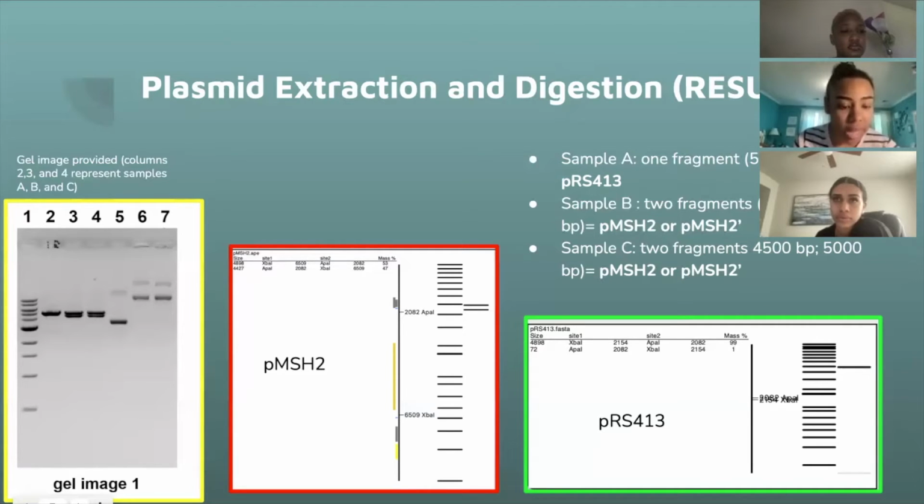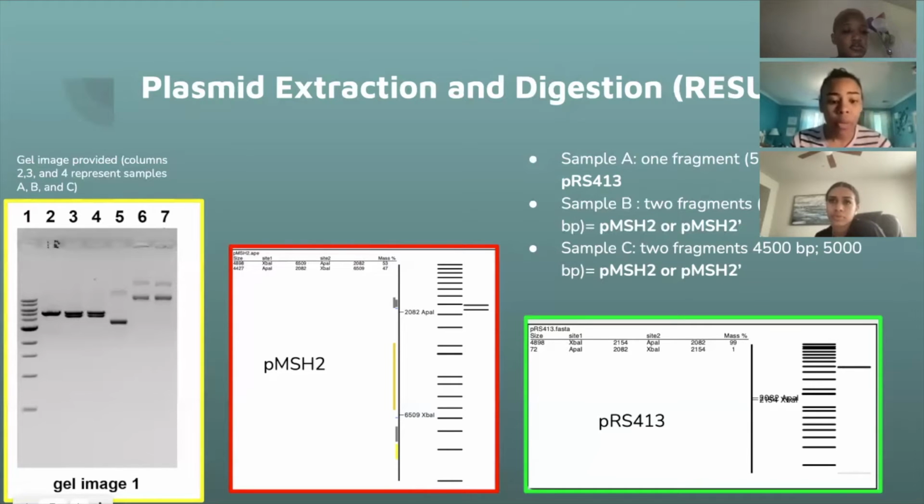within the digested enzymes. You can see in the green box that pRS413 has one fragment, and that corresponds to sample A because sample A also has one fragment. In the red box, pMSH2, you can see that there are two fragments, and that corresponds to columns 3 and 4, which both have two fragments within the gel image.